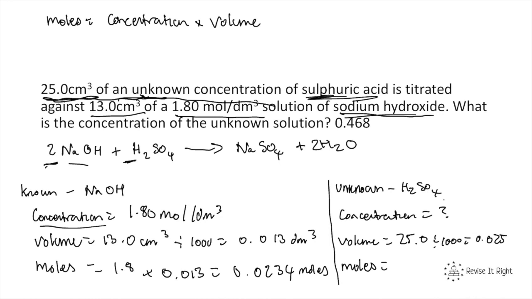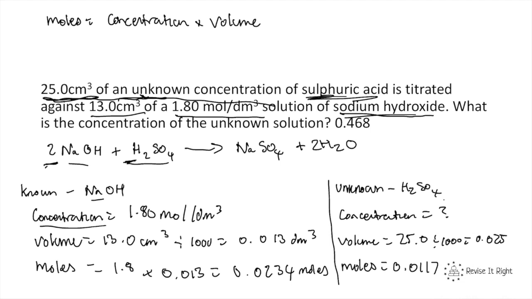So we've got 0.0234 moles of sodium hydroxide. We need half of that number of moles of sulfuric acid, so we divide by 2. 0.0234 divided by 2 gives us 0.0117 moles.